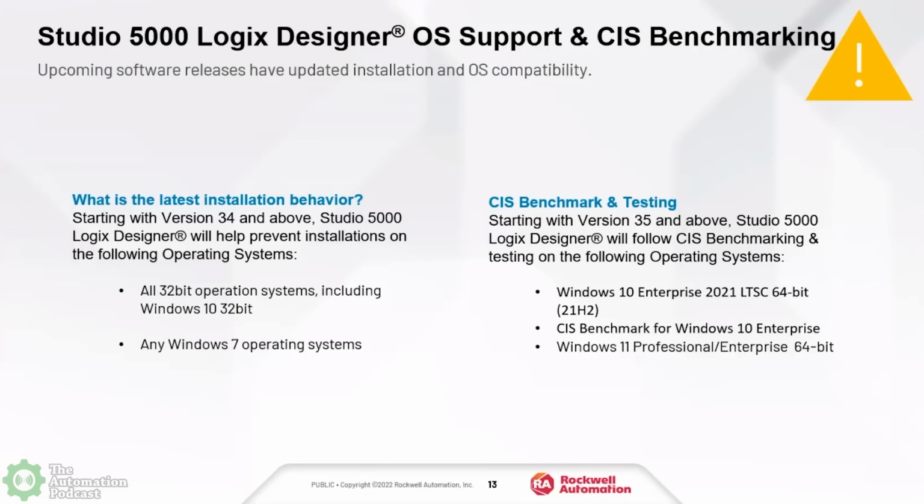The world is changing, and Rockwell is trying to stay on top of what we can do to make our software and the applications of our users more secure. Our current CIS benchmark for testing is Windows 10 Enterprise 21H2. And v35 will also be the first software version to support and be tested on Windows 11 at the time of release.